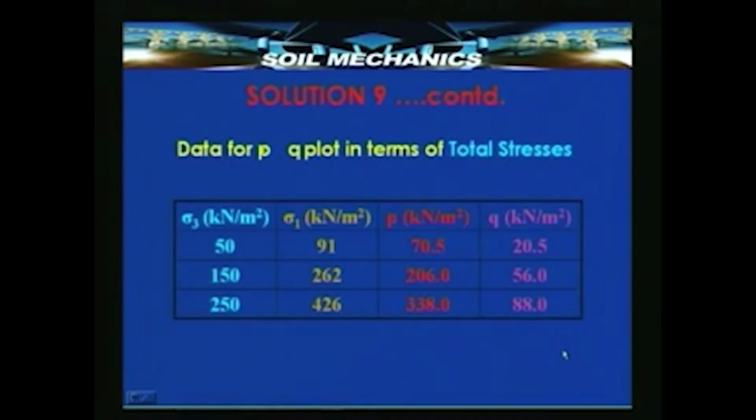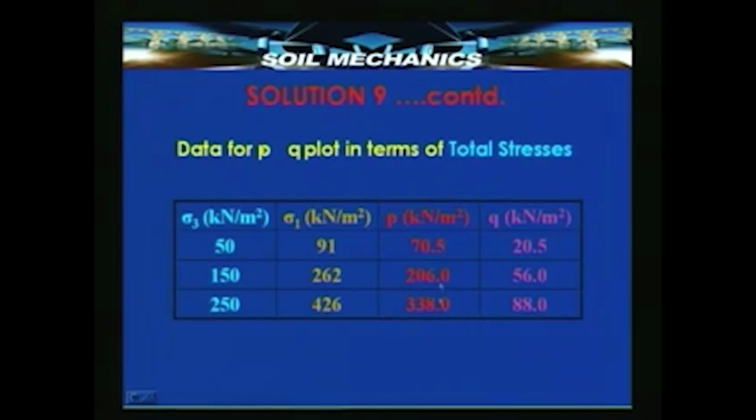Now, suppose you want to determine the same thing using PQ plots, then the data for plotting the PQ straight line in terms of total stresses will be this, because we already know values of sigma 3 and sigma 1. P is nothing but the sum of the 2 divided by 2, Q is nothing but the difference between the 2 divided by 2.